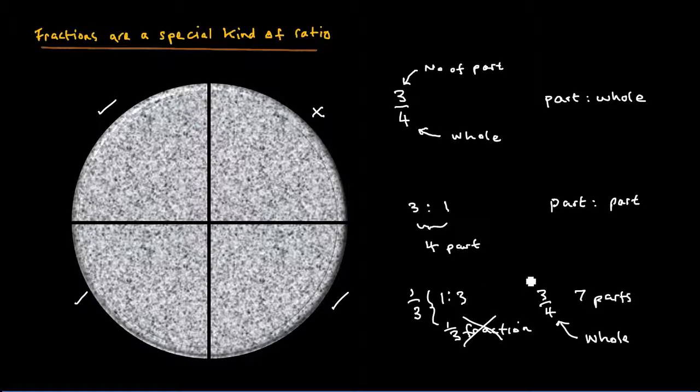So it's very important when you see something like this that you know whether it's a conventional fraction, which is a part to whole ratio, or whether it is in fact a part-to-part ratio and so therefore not a fraction at all. So very important that you understand these concepts. Make sure you understand that fractions are a special kind of ratio, but ratios are not, usually not, fractions.